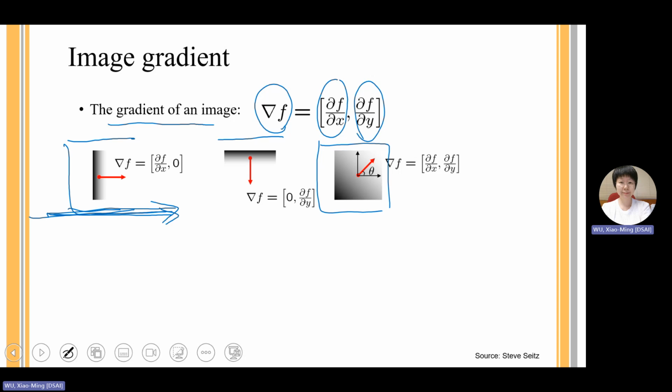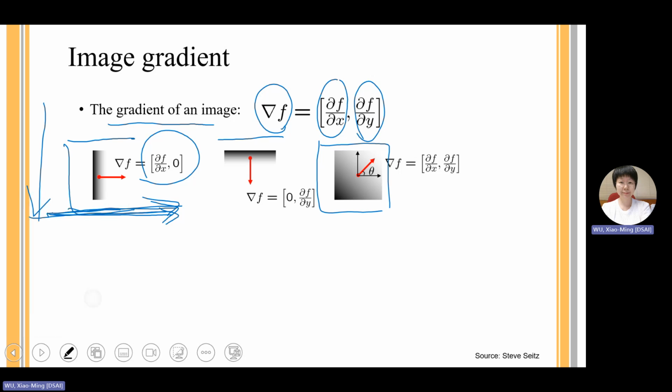Therefore, the image gradient is represented in this form. The image gradient is non-zero along the horizontal direction. But vertically, it's zero.